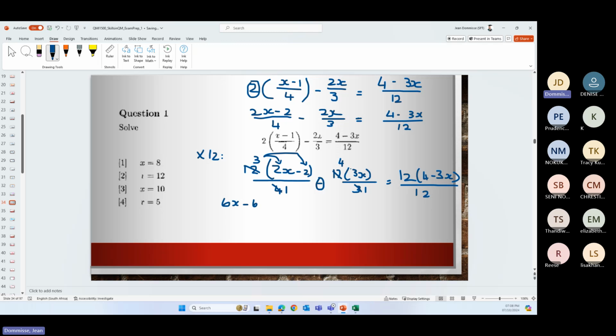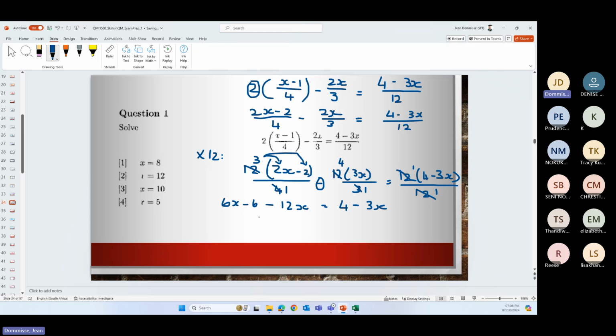Remember the negative, so 4 times 3 is 12x, but it's minus 12x. And then on the right-hand side, 12 goes into 12 once, 12 goes into 12 once, so we sit with 4 minus 3x.